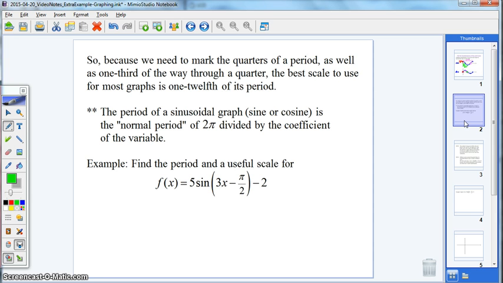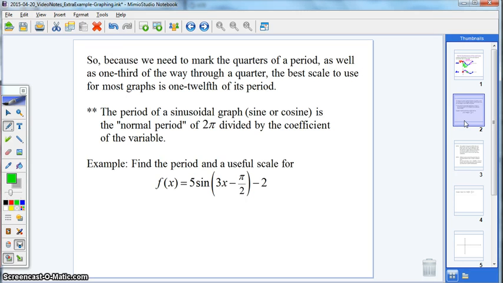Now remember that the period of a sinusoidal graph, meaning either sine or cosine, normally is 2 pi. So with the stretch or compression that would be caused by a coefficient inside of the function, the new period is going to be 2 pi divided by that coefficient.